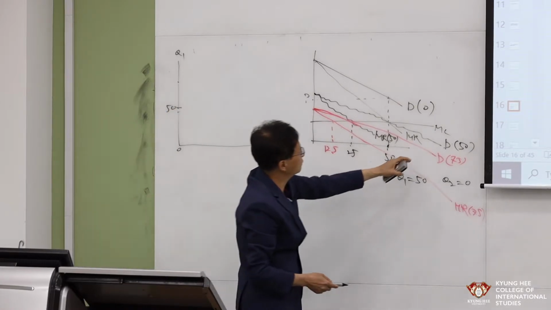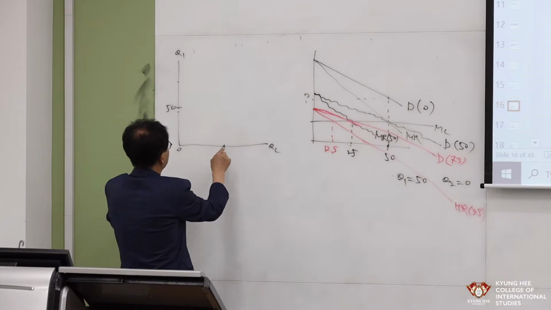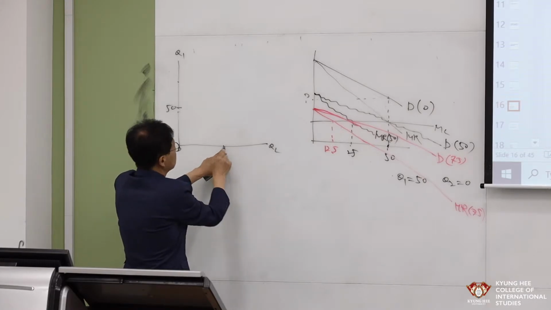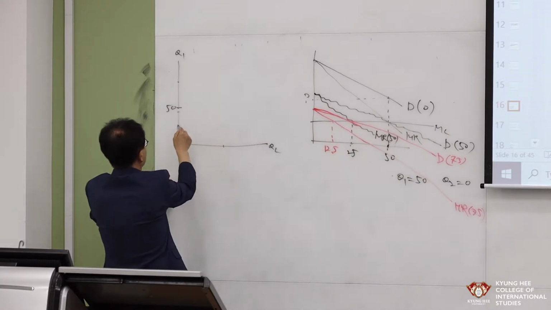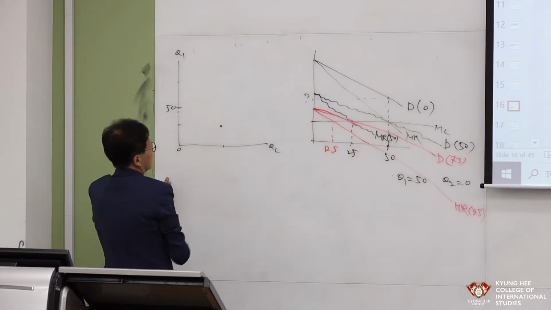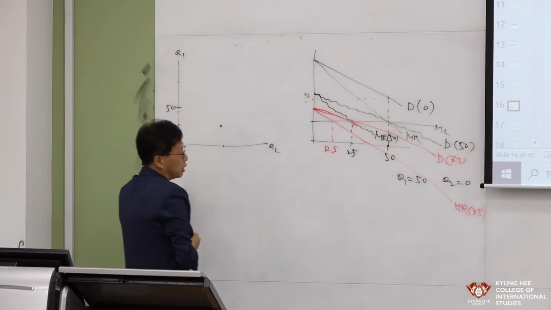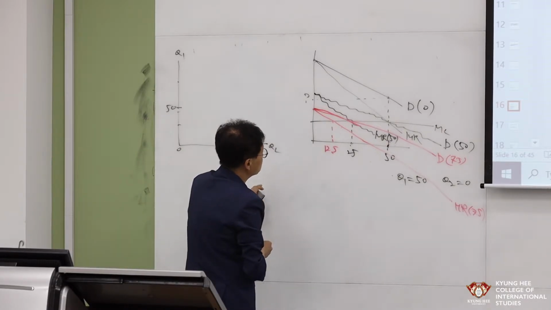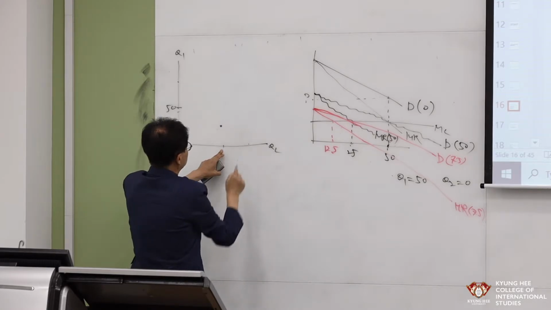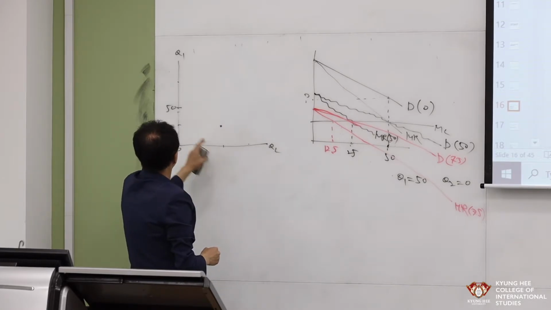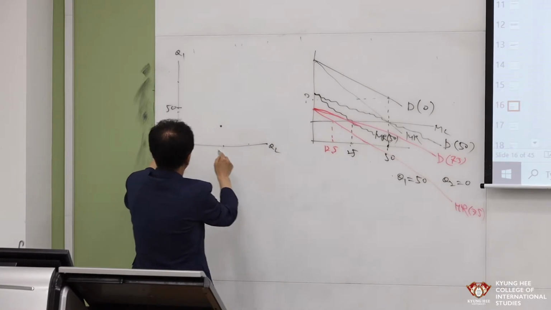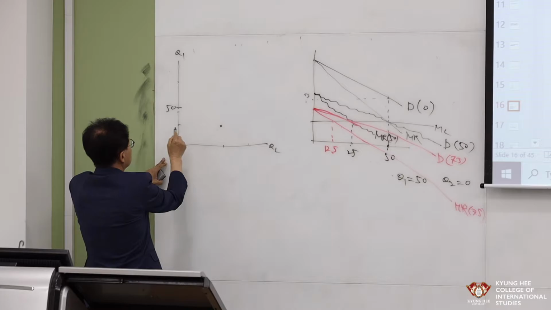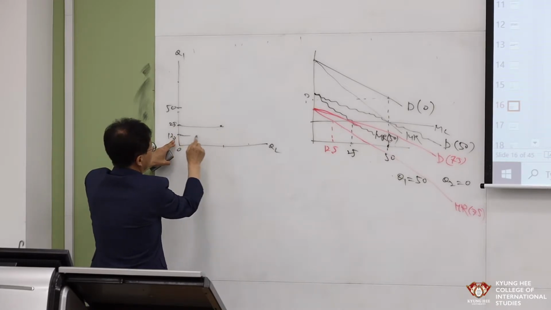When Firm 1 thinks Firm 2 produces 50, then Firm 1's profit maximizing quantity is 25, right? And if Firm 1 thinks Firm 2 produces 75, then Firm 1's production is 12.5.